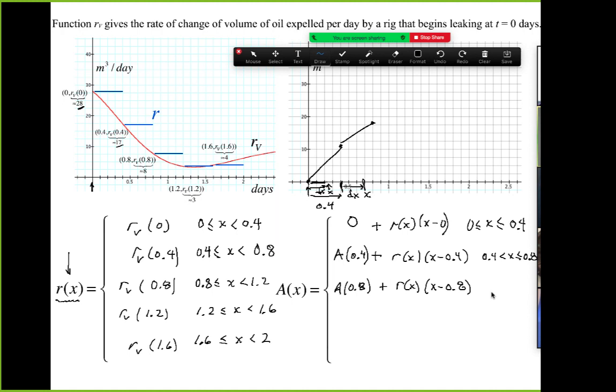And 0.8 is strictly less than x, which is less than or equal to 1.2. Right. And why is it x minus 0.8? What is that about? Why x minus 0.8? Because it's just the change in x for the interval from 0.8 to 1.2.